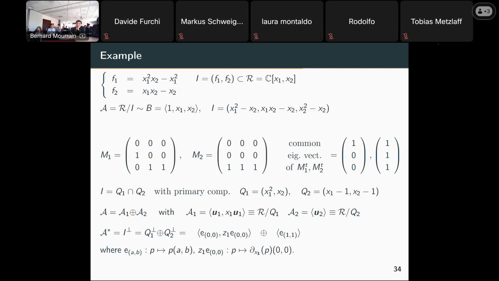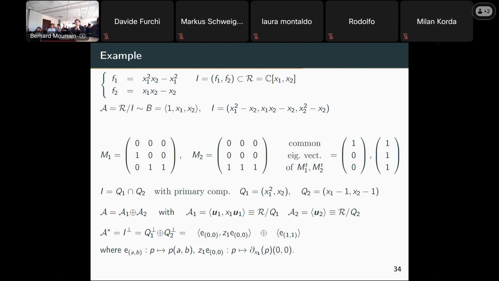So this vector 1, 0, 0 will be the value of B at the point. So what is it? The point 0, 0. Here we have x1 and x2 dual. And so here we have the point 1, 0, 0. Here we have the point 1, 1. So from the eigenvectors, we read directly the coordinates of the solution.